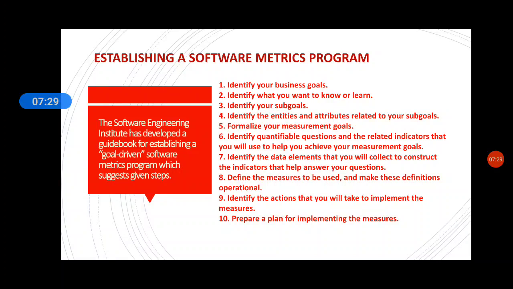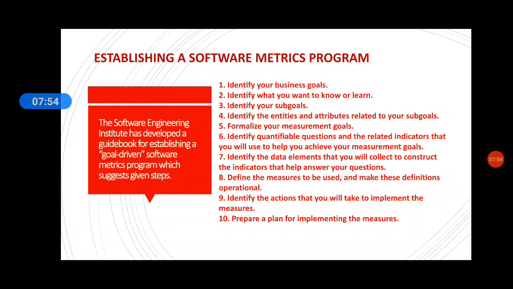The next step is to define the measures to be used and make those definitions operational such that the implementation task is performed. Next, identify the actions that we will take to implement the measures.